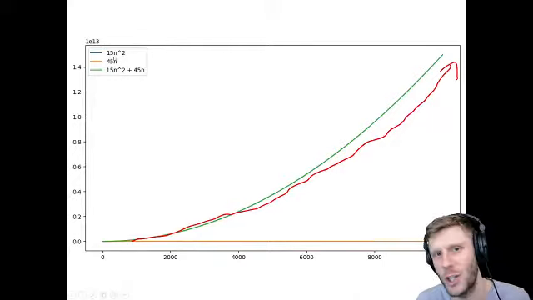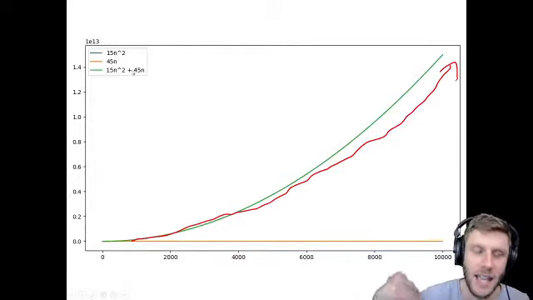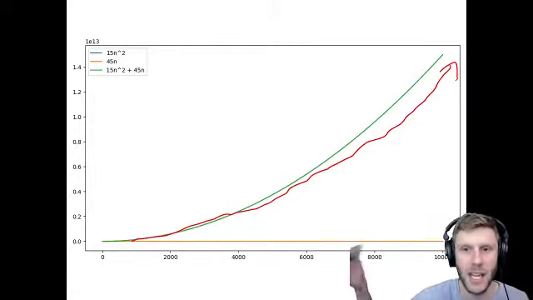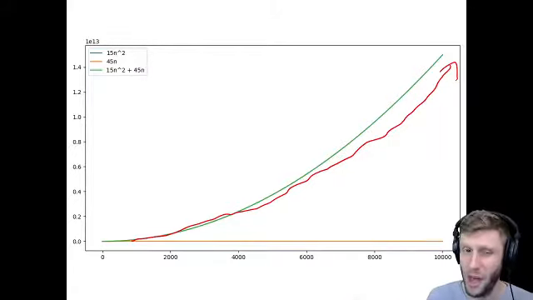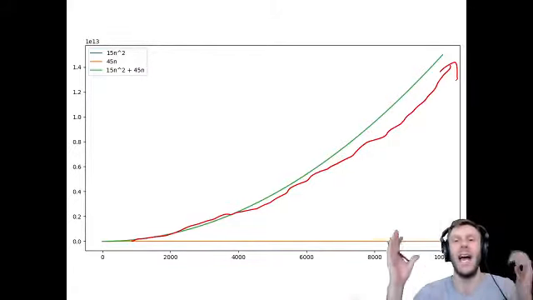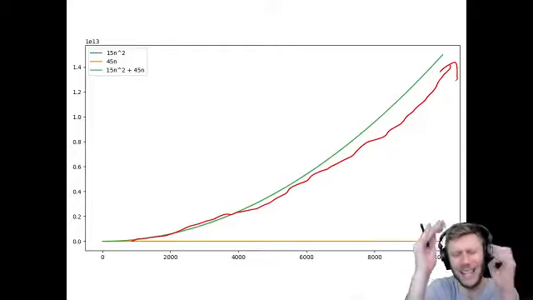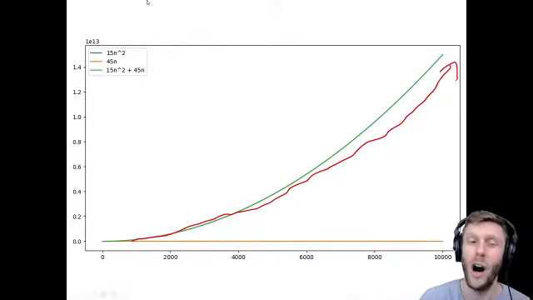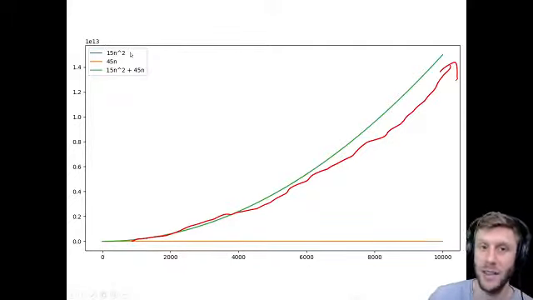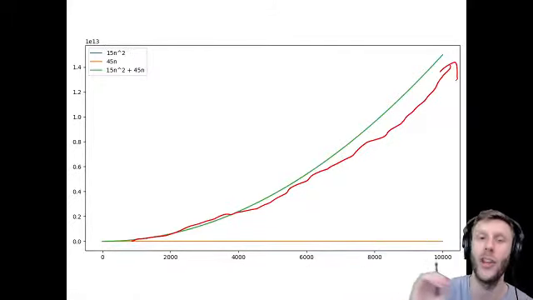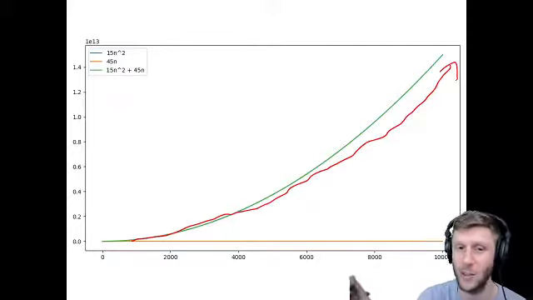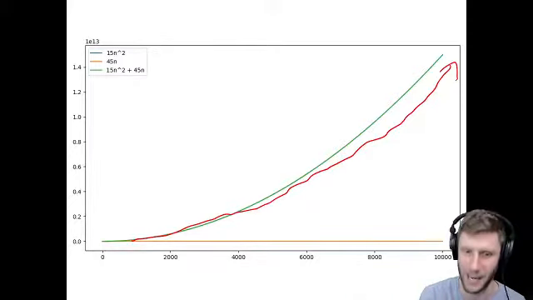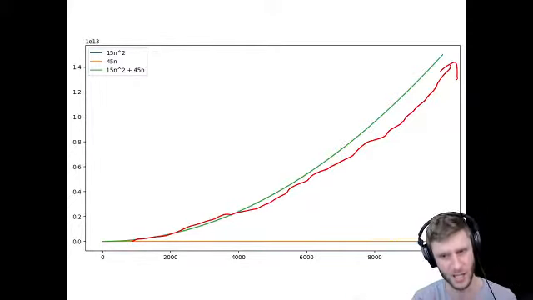Sure, that coefficient, that 15, obviously scales everything up by a factor of 15, but the growth is the same. And remember, we don't care about the absolute numbers here. We care about the growth. So although 15 will scale everything up by a factor of 15, the growth between 15n squared and n squared is the same. And that's what's important here.